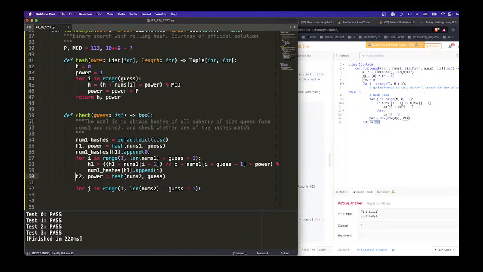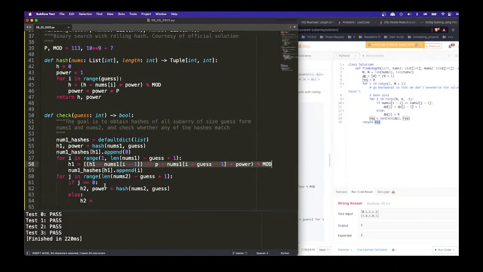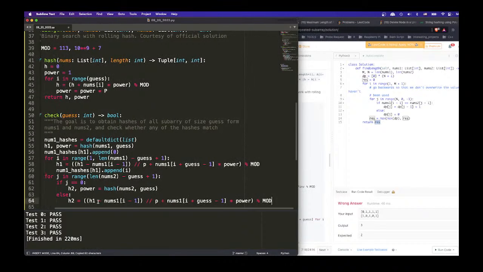All right. I'm gonna go from 0. If j is 0, else, same thing. 2j.